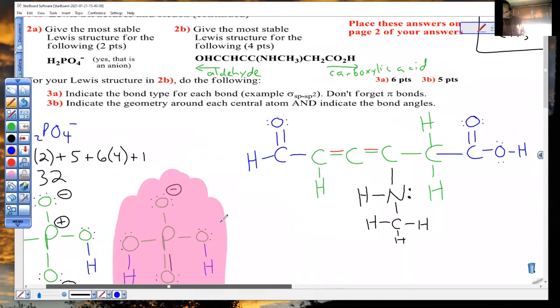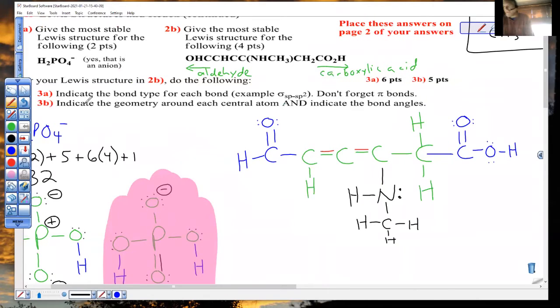Here I can read them. I'm supposed to indicate the bond type for each bond. There's a bond type. It says, here, I'll read it for you. It's a sigma bond, which means it's the strong one between 2 atoms. A bond is always between 2 atoms, right? The hybridization of one of the atoms is sp, and the atom it's attached to is sp2.